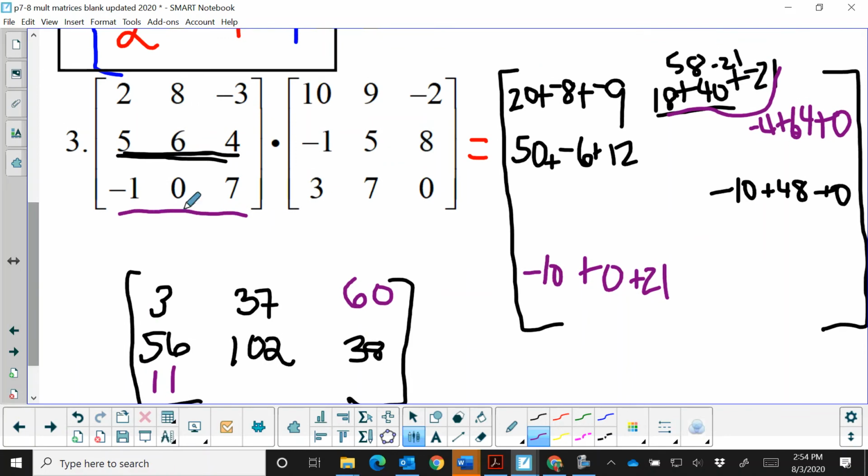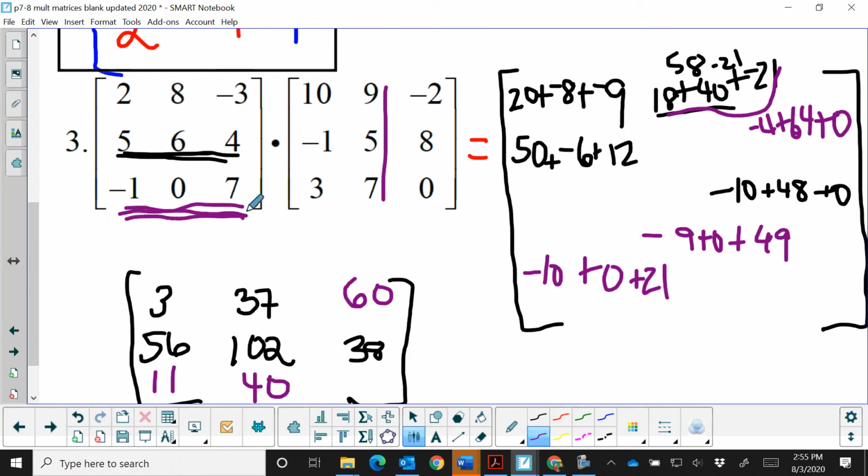Let's go back up. This row times this column, that's going to give me negative 9 plus 0 plus 49. So that's just 40. So that's the center one.